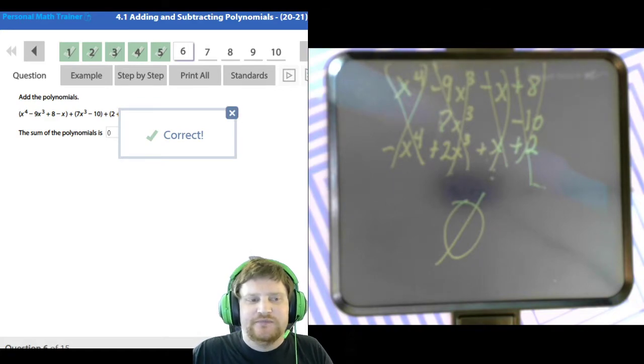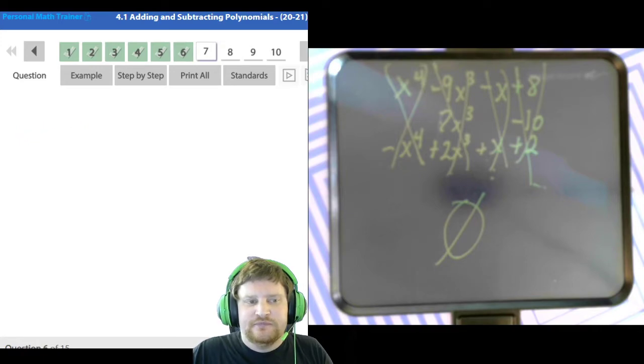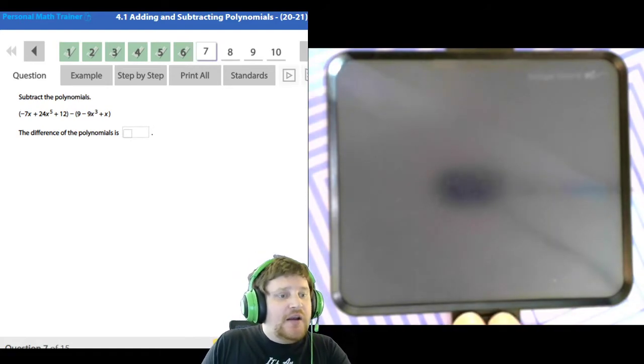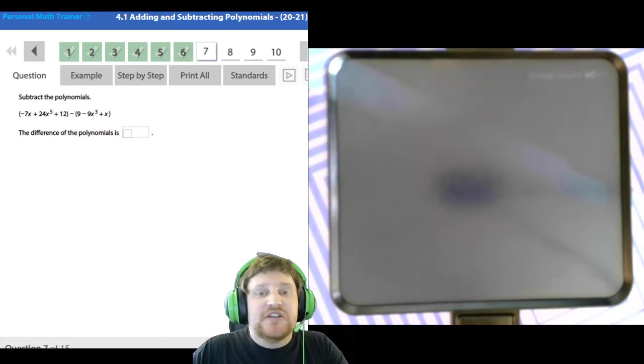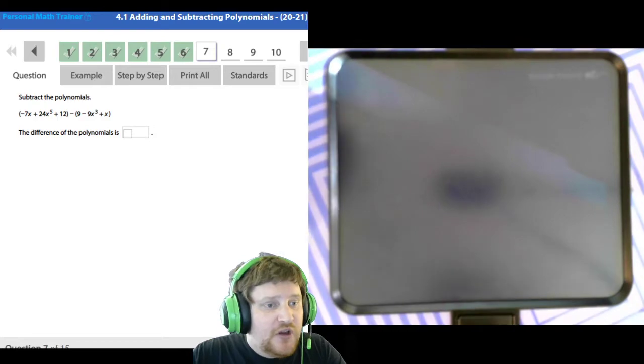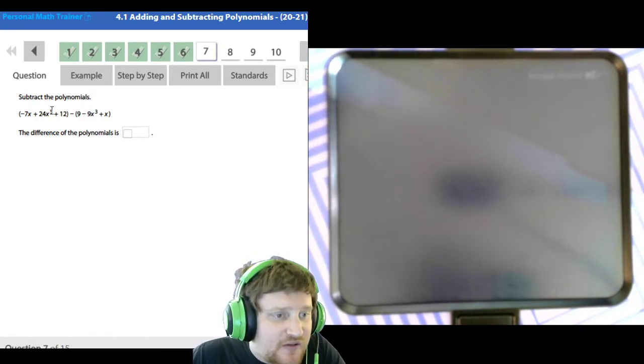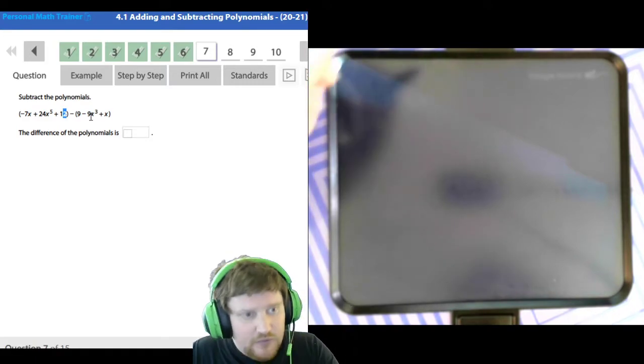Next question. All right. Now we've got a little bit of subtraction here, so they want us to subtract these polynomials. So I see a 5, a 1, and a 0 here. So x to the 5th, x to the 1st, and no x. So I've got 5, 3, 1, and 0.